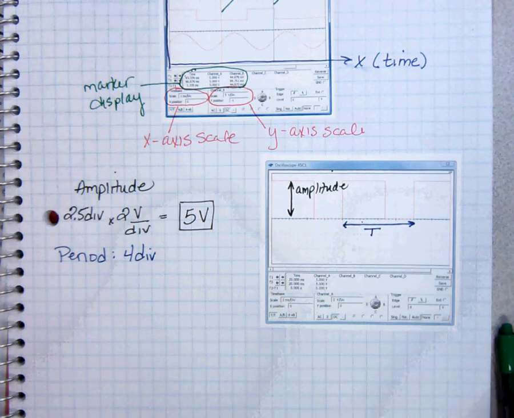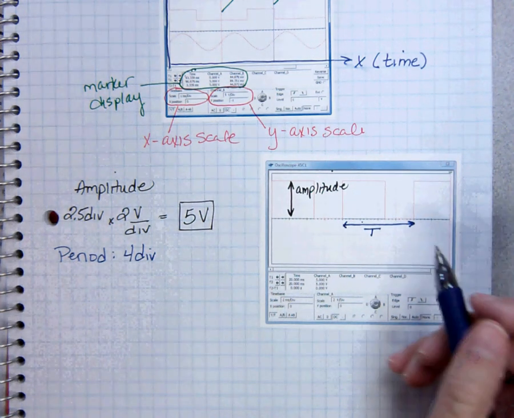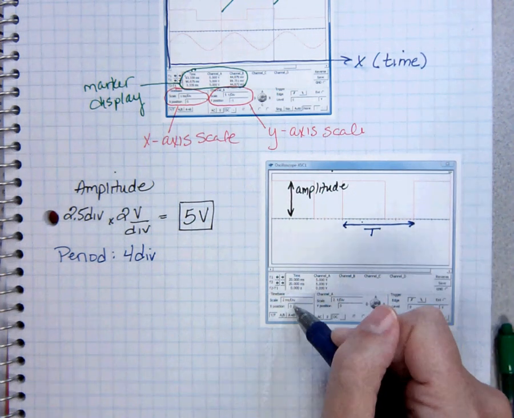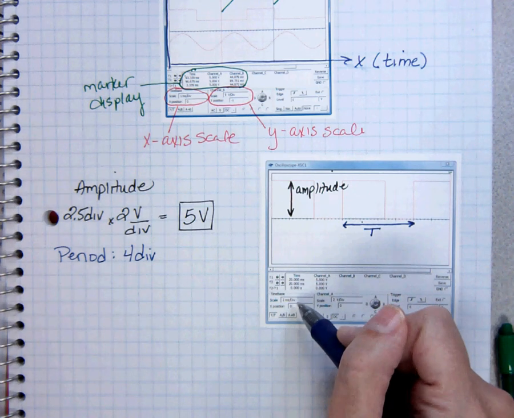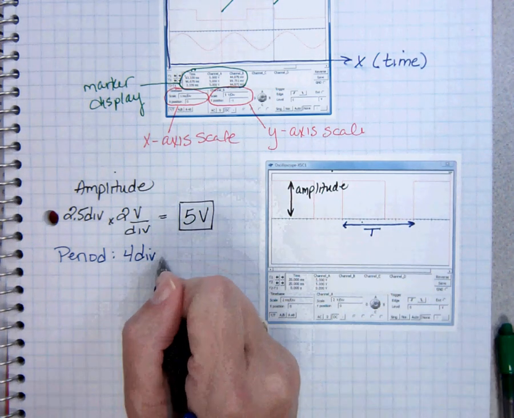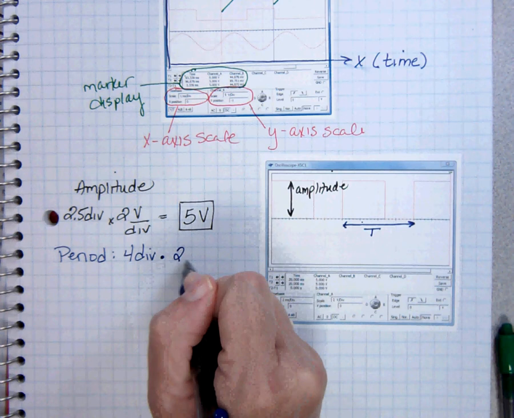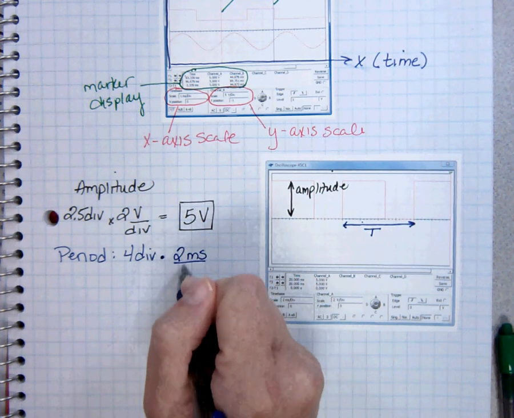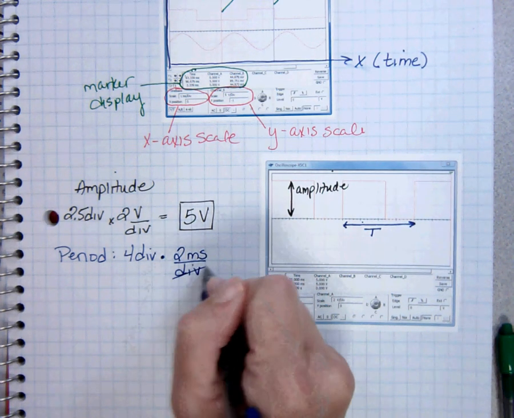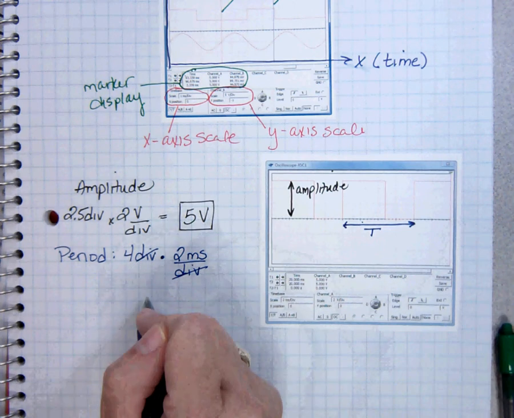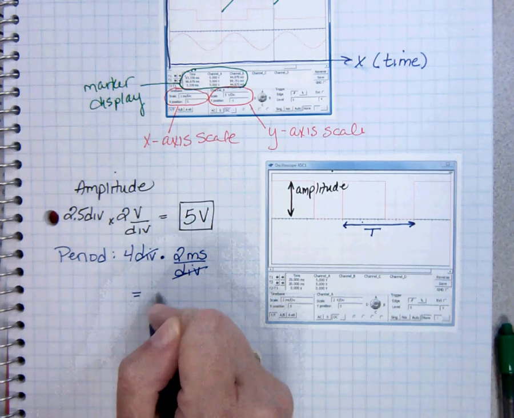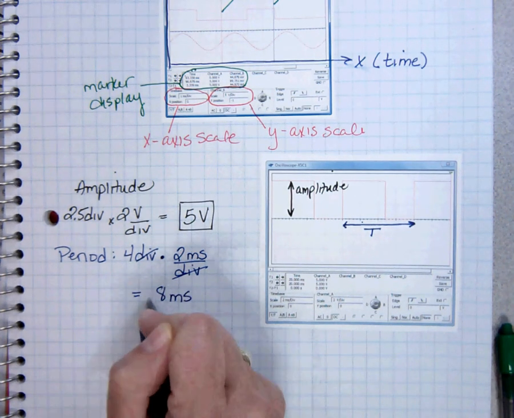According to my scale, in the x direction, that's 2 milliseconds per division. So I multiply 4 by 2 milliseconds per division, my division cancels out, and I learn that my period is 8 milliseconds.